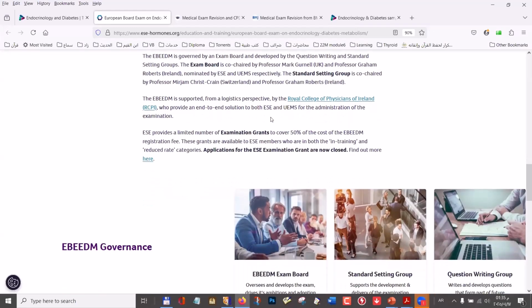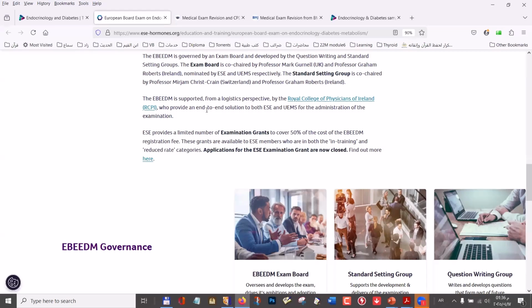It is very important to know that the ESE will give examination grants to cover a 50% reduction of the exam fees. The exam is 750 euro, and this examination grant will reduce the fees by 50%. But there are some requirements for this grant. The doctor should be from a low socioeconomic country and should be a member of the ESE.